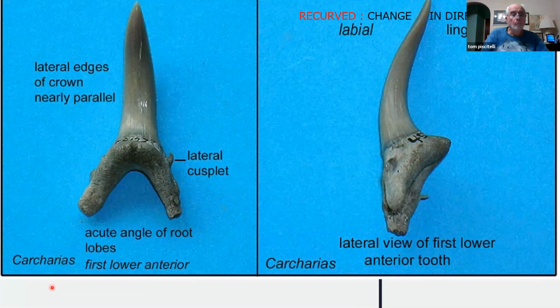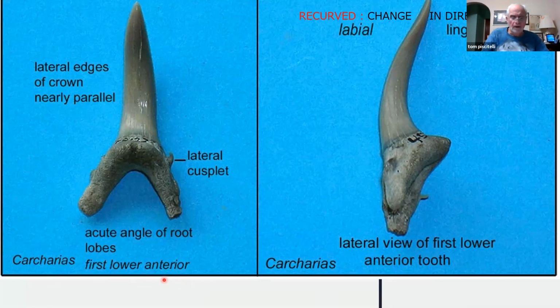If you would, Bronwyn, point out the anterior tooth again. This tooth is identified as the first lower anterior tooth on the left-hand side. It says first lower anterior, down a little bit, toward the bottom of the blue. There you go. This means that it's the first front tooth after the right and left parts of the jaw meet.